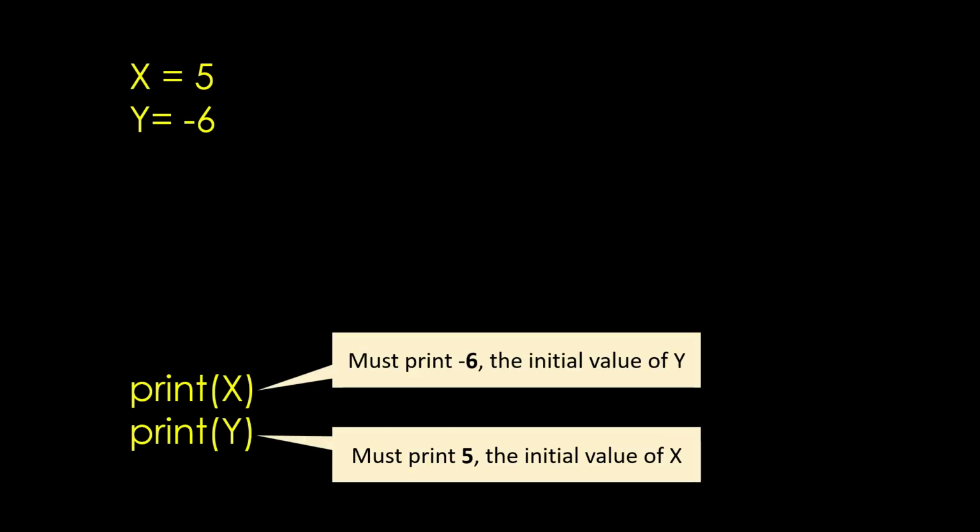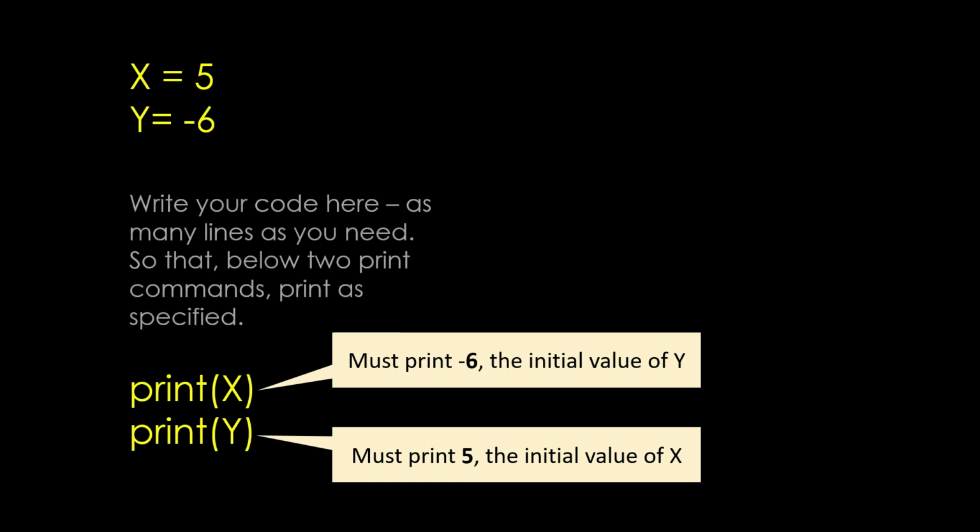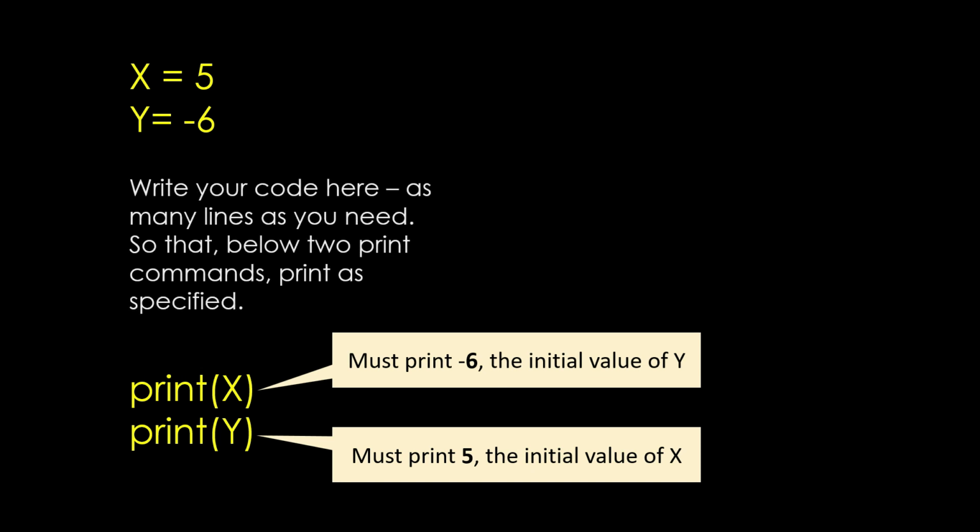Before we close, can you try to write a code to swap two given numbers? For example, in this sample code, can you insert your code after the second line so that the values of x and y get swapped? x = 5, y = -6.